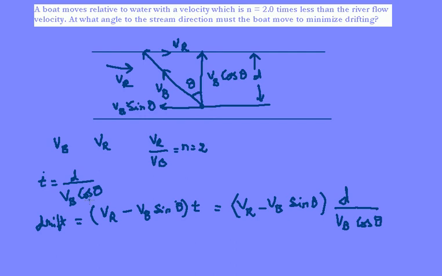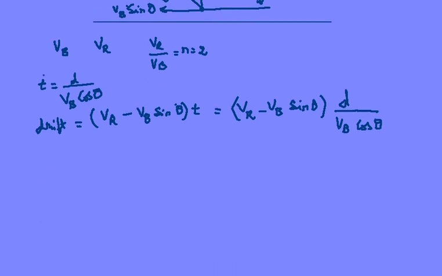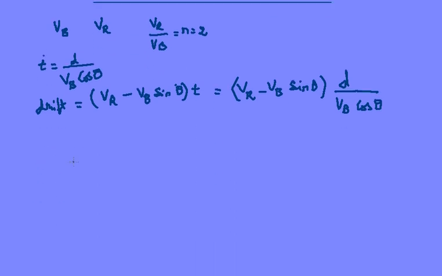Now getting more space for our working. The equation has been set. Since the drift has to be minimal, I would like to take the derivative of the drift with respect to the angle, because I have to find the minimal drift at a certain angle.